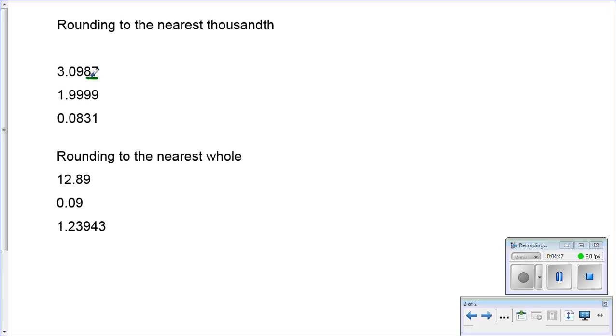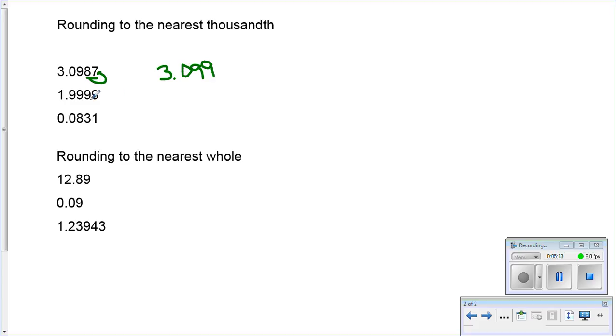And the next place value over is going to determine if the value changes or not. My digits before the 8 are significant. We keep those. Does the 8 stay an 8 or does it round up to a 9? Well, because my ten-thousandths place is a 7, it's greater than 5, so this will round up to a 9.